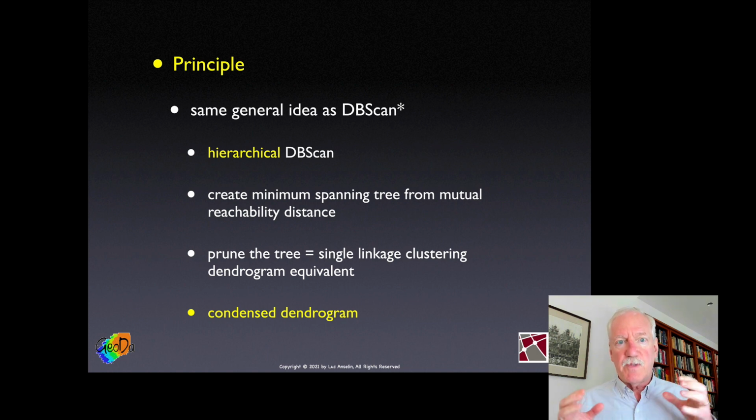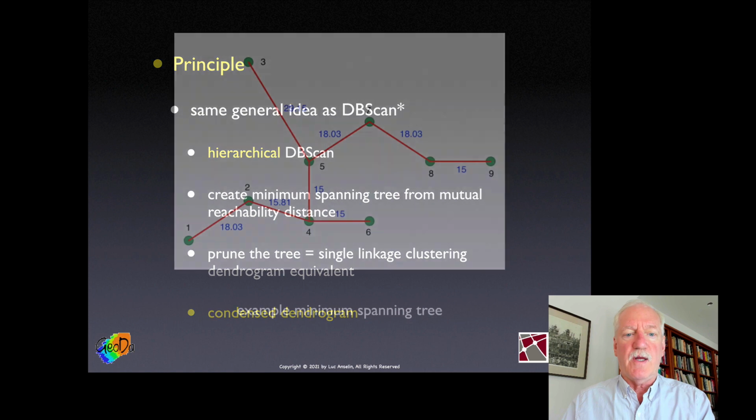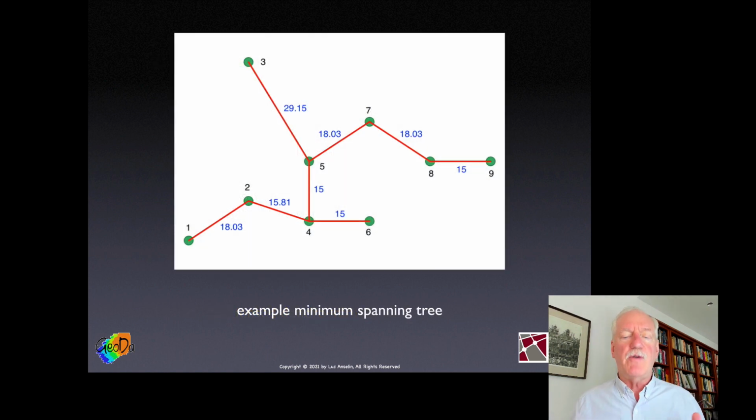So this is a splitting hierarchical clustering idea. So how does this work in practice? Here's our toy example again with the minimum spanning tree with the mutual reachability distance mentioned.